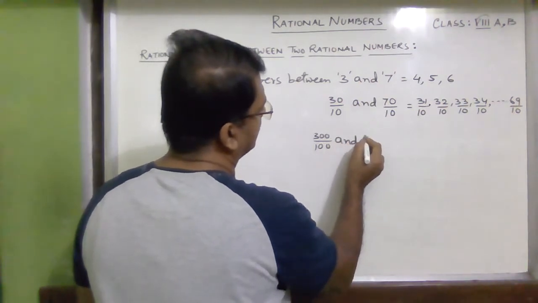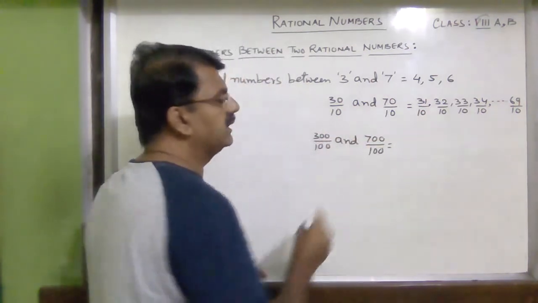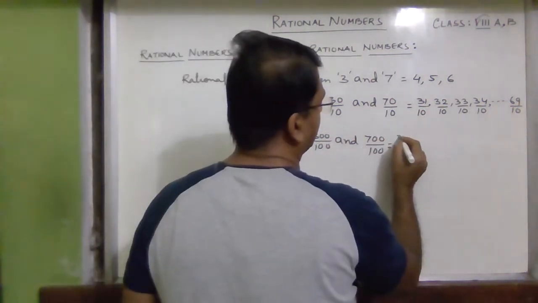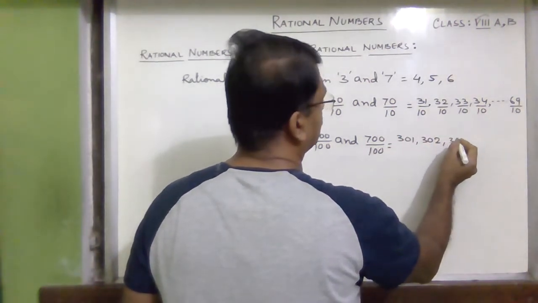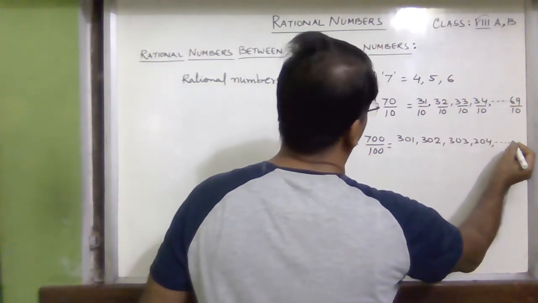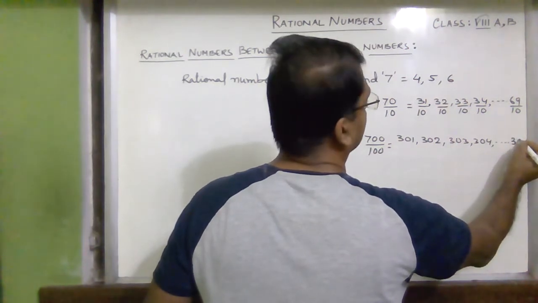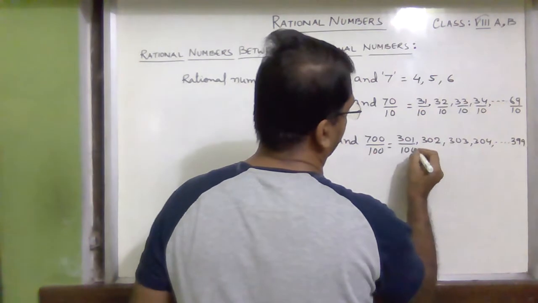And 700 by 100. And now between 300 and 700 we can have 301, 302, 303, 304 and so on, and at the end 699, and below each number you write down 100.